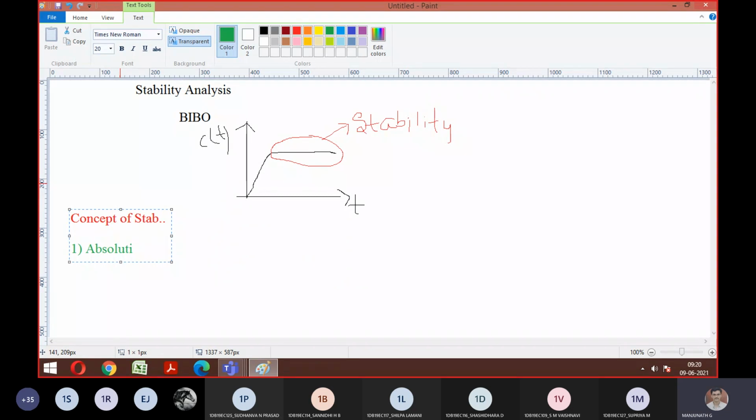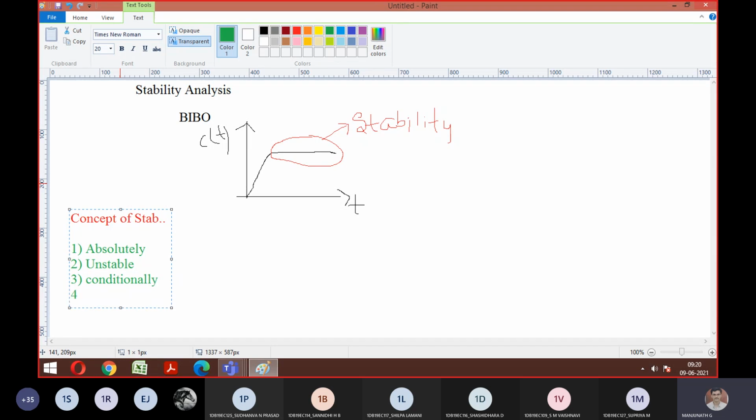First one is absolutely stable. The second one deals with unstable, which is the BIBO concept I told you. Then category number 3 is called conditionally stable. There are different meanings involved in this, which we will discuss; just have an outline first.